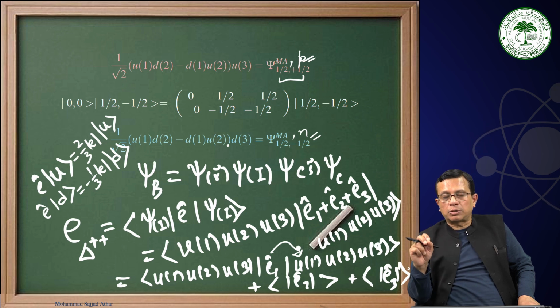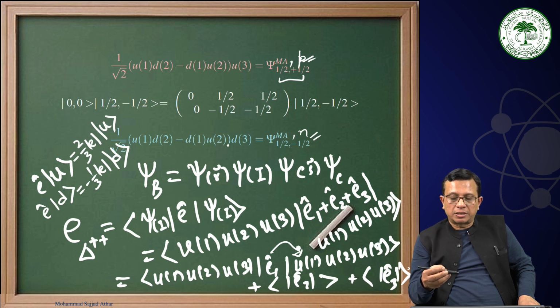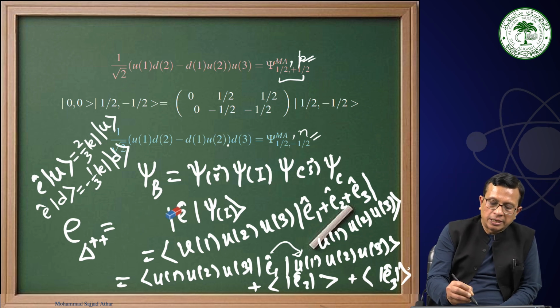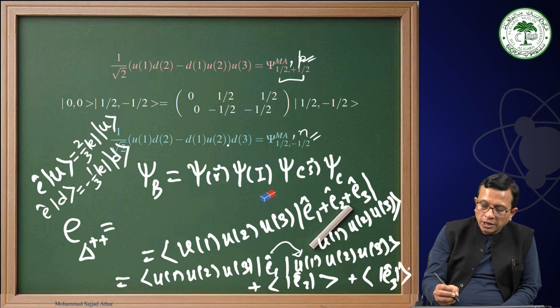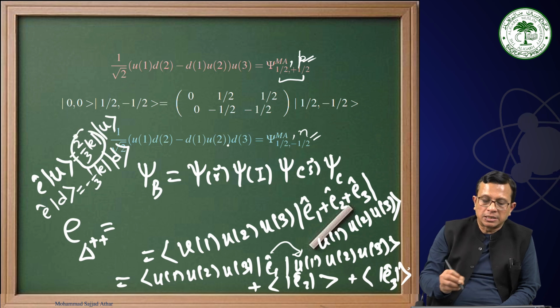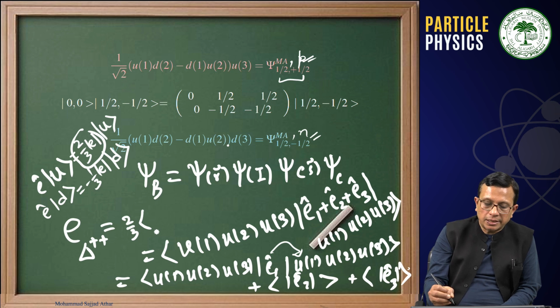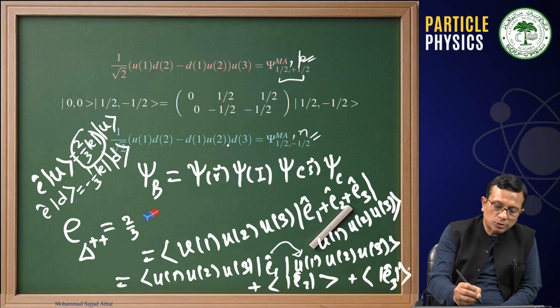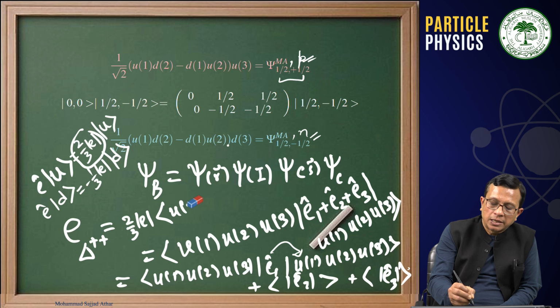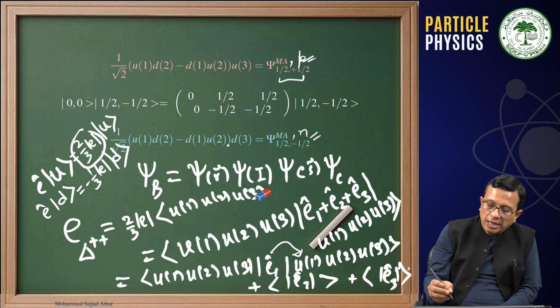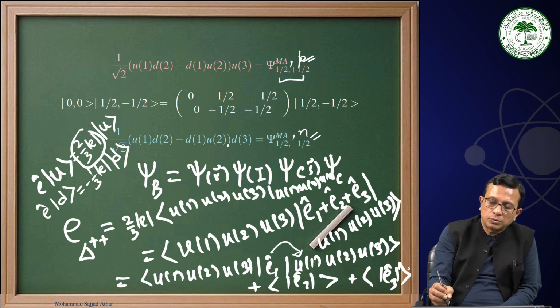E2 will operate on the quark wave function which is in state 2. E3 will operate on the quark wave function which is in state 3. When e1 operates on the quark wave function, it gives 2/3 times the electronic charge. These are numbers, so we can take them out. Then we are left with u1, u2, u3.